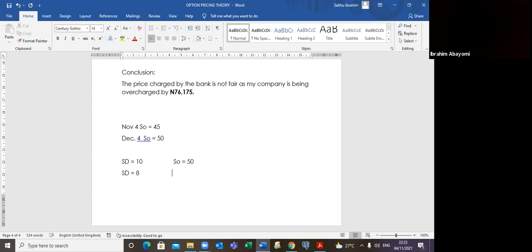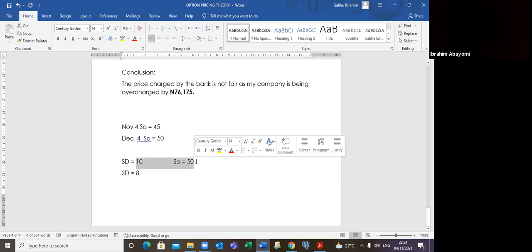A decrease in standard deviation will increase the value of the underlying asset. So when the likelihood of this value change decreases, the price of the underlying asset is expected to go up.